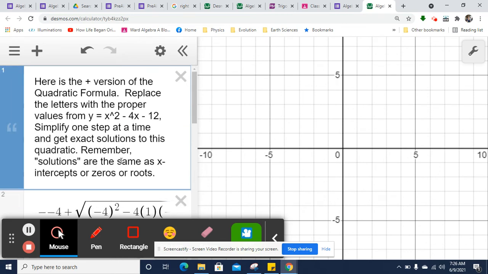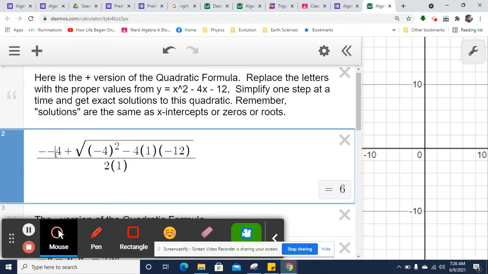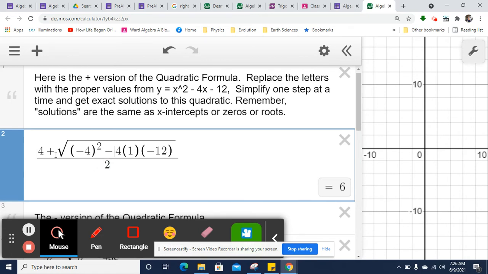So let's deal with the stuff in the radical. Actually, let's deal with a couple other things first. Minus negative 4 becomes plus 4. 2 times 1 is just 2. Now let's clean up what's inside the radical.